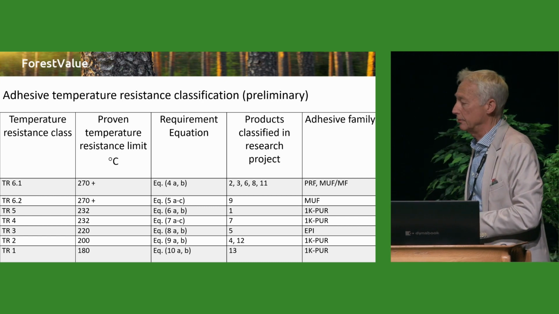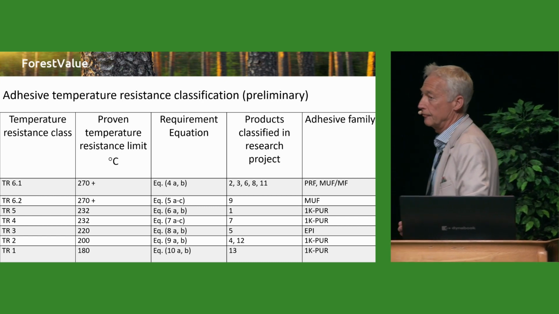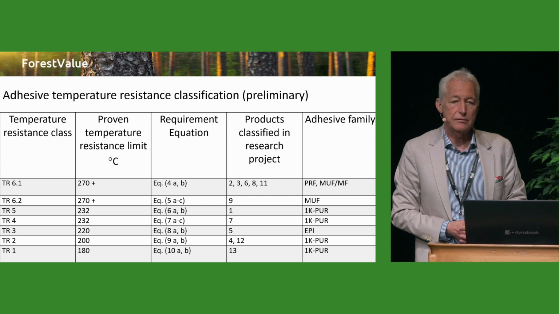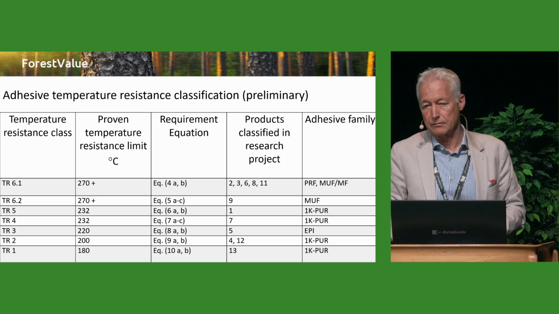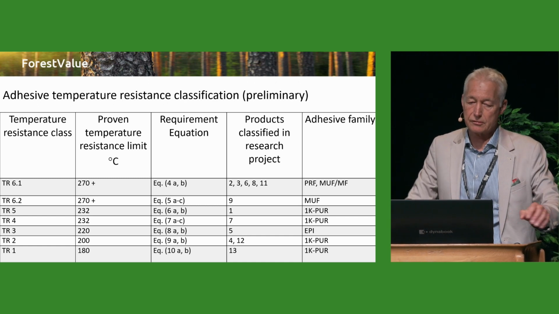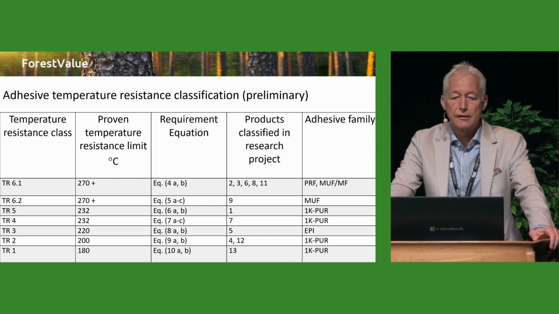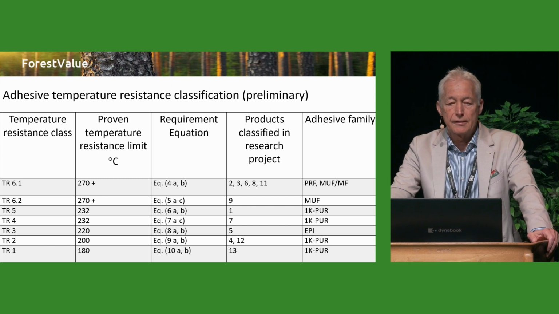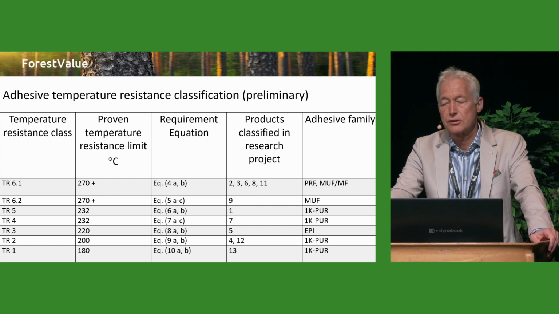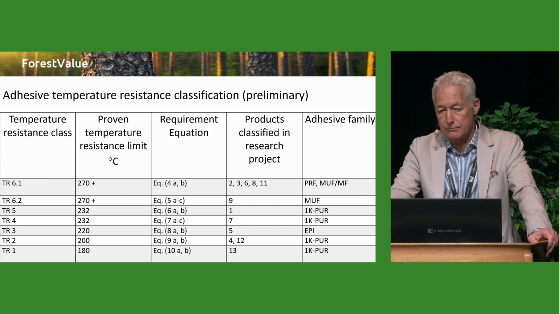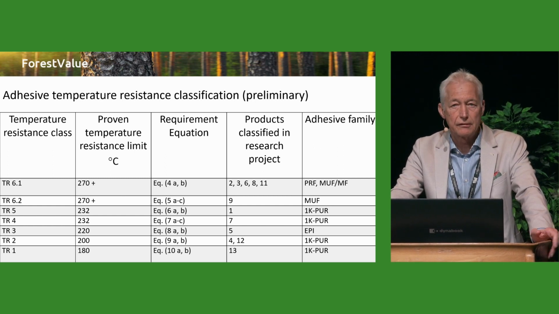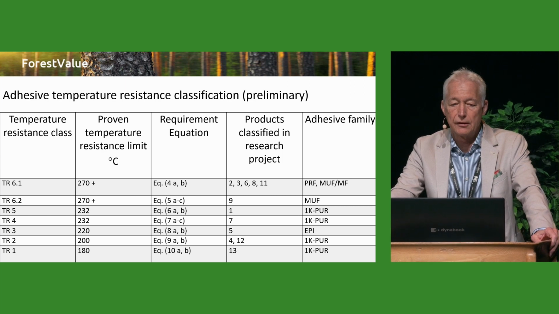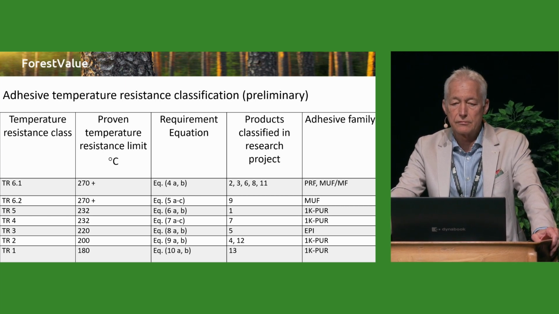And here I show you a tentative table for a future classification of adhesives. This is based on the block shear specimens according to 17224, where the residual strength of the bond line is related to the residual strength of the solid wood, which shows a fairly small scatter.